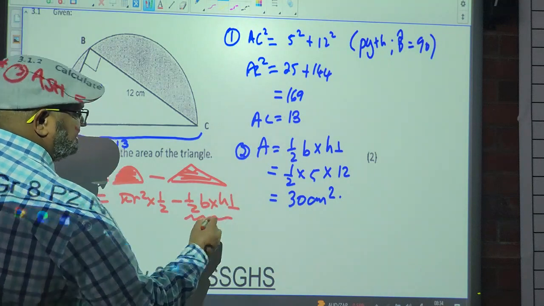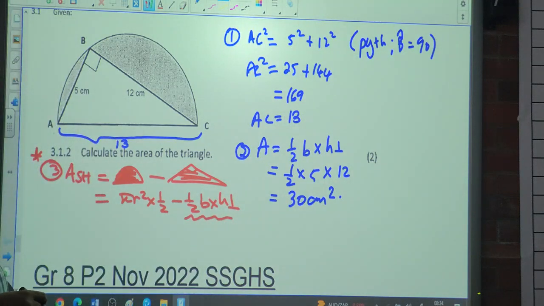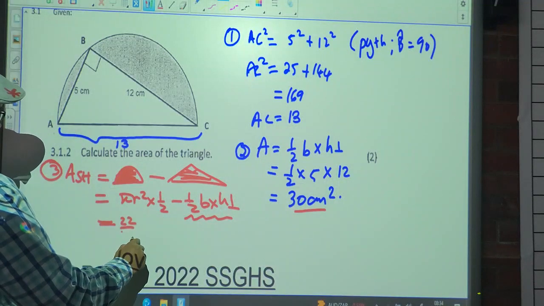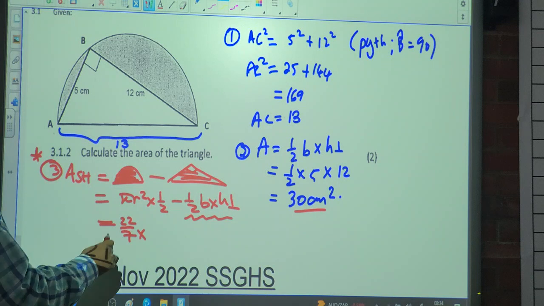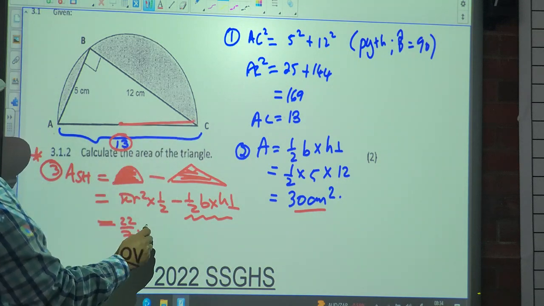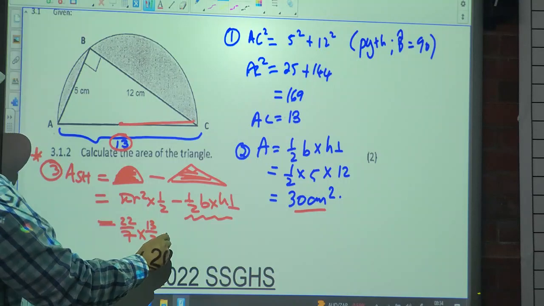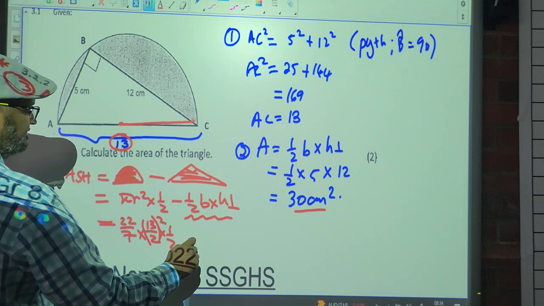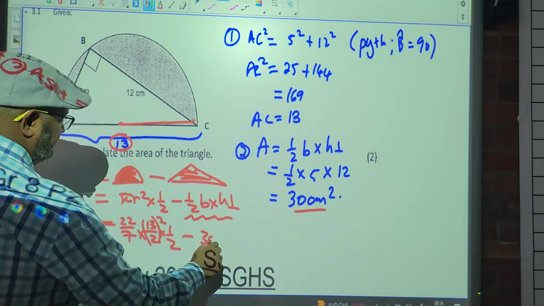But this area I got already. What is the size of that area? 30. So it's going to be 22 over 7 multiplied by, if the diameter is 13, what's the radius? 6.5 or 13 over 2, squared, times a half, minus 30.